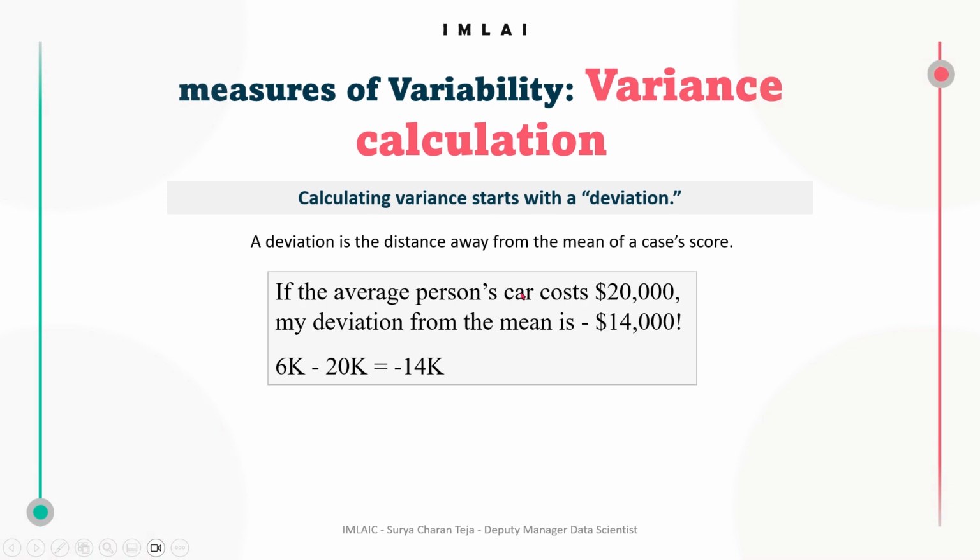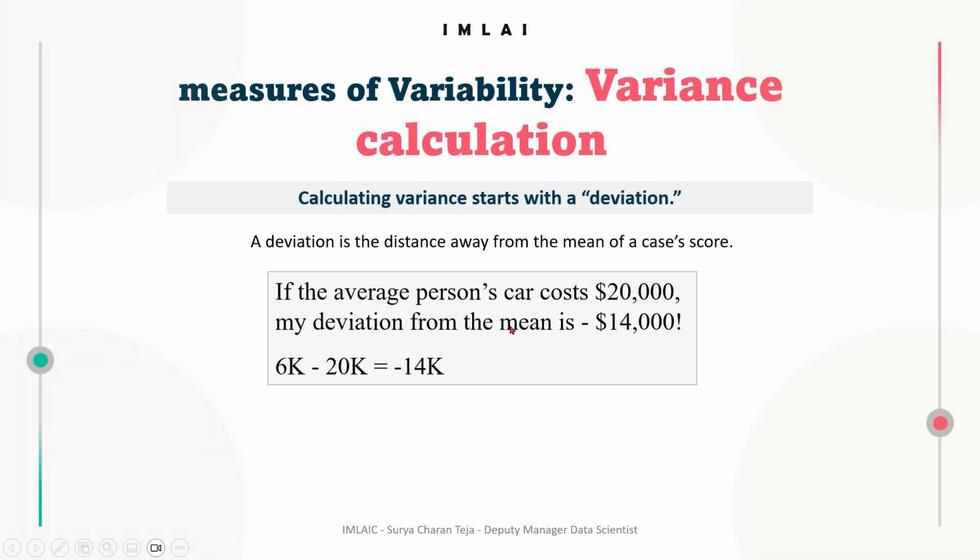We have taken a population data set, and in that data set we have calculated the mean of the person's car cost, that is 20,000. It's like we have the car cost of different persons in our population. Out of that, we have calculated the mean and we got 20,000 USD.